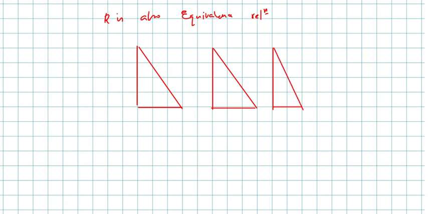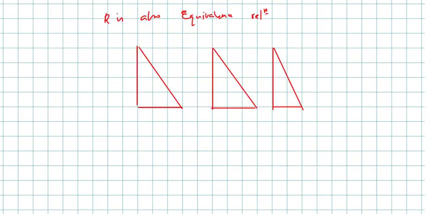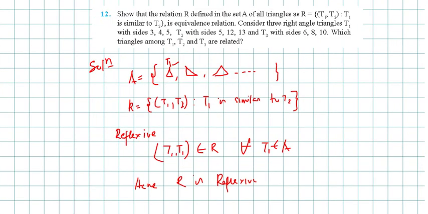So, what has been given? 3, 4, 5. So, that means this is 5, this is 3, this is 4. Again 5, 12, 13.